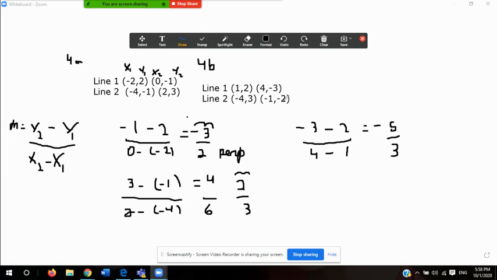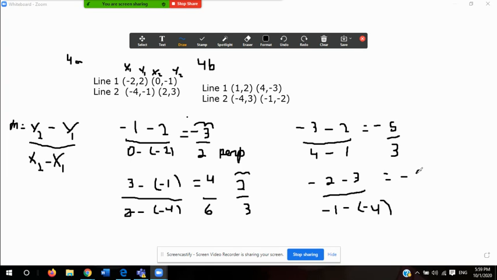So we're going to do the same thing here, and we're going to compare. In our second line, we have negative 2 minus 3 over negative 1 minus negative 4. Negative 2 minus 3 is also negative 5, because when you're subtracting integers, you're adding the opposite.